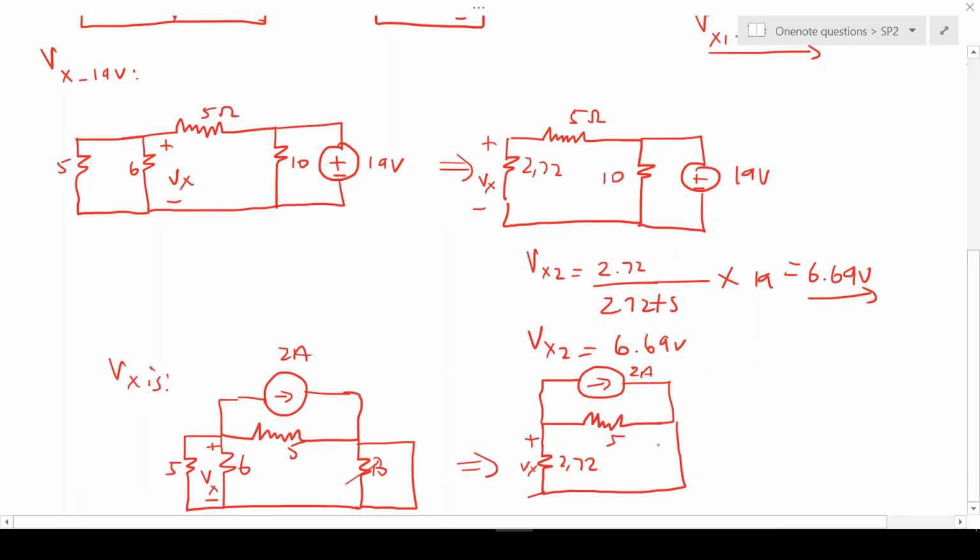So we will then determine first the current. This current will split as follows, and the potential will be plus minus according to passive sign convention. So first we'll get the current, I'm going to call it I. So I is going to give me 5 over 5 plus 2.72 times 2. And then that gives us a value of 1.29.